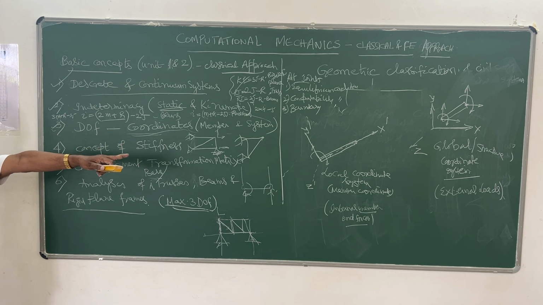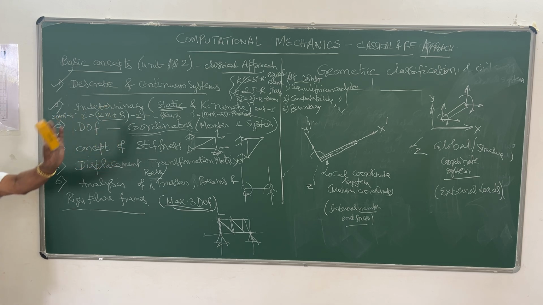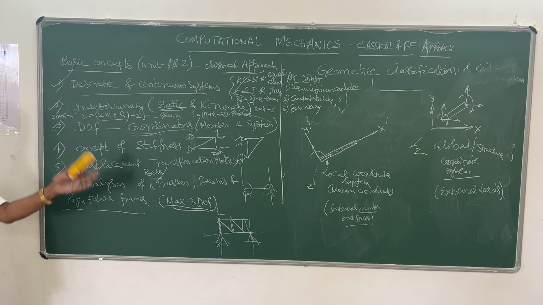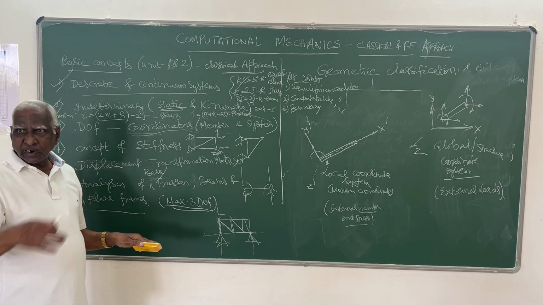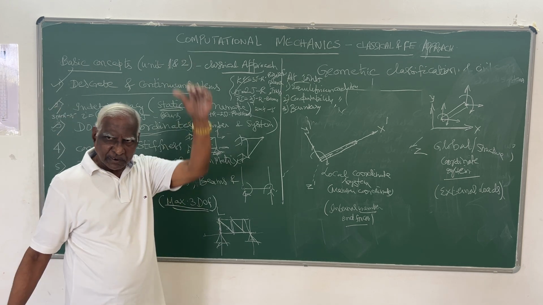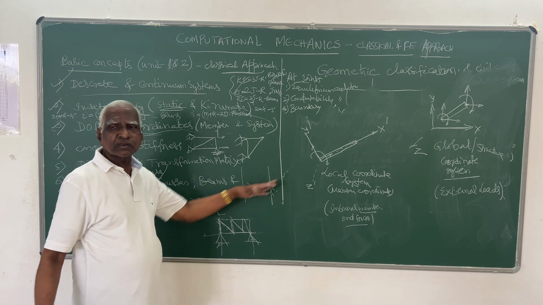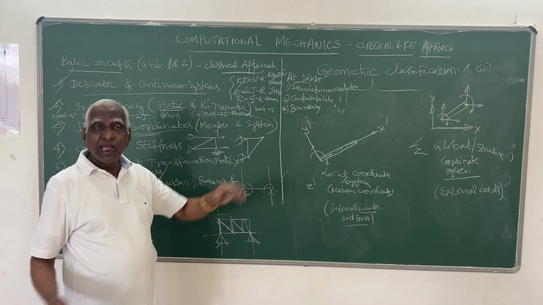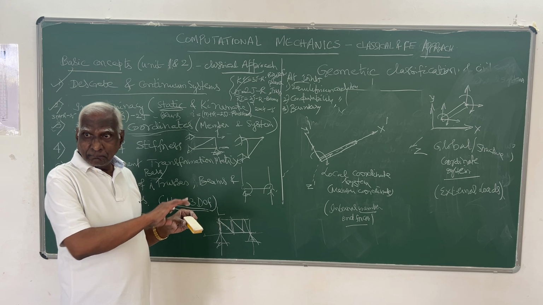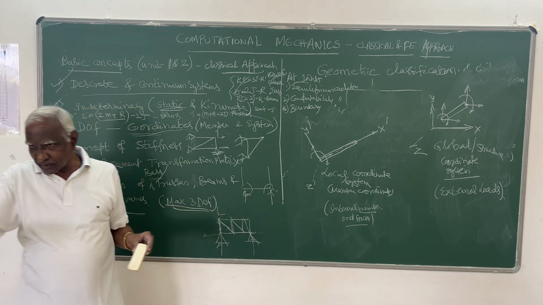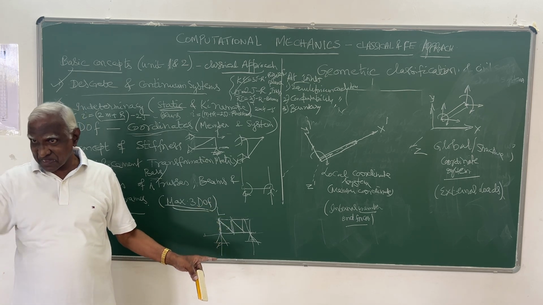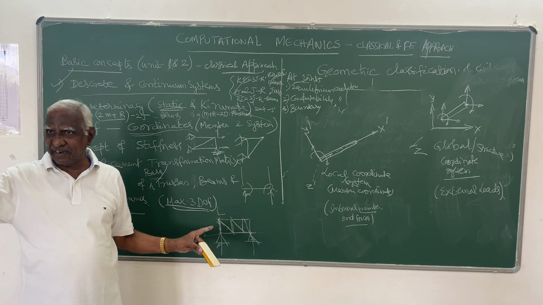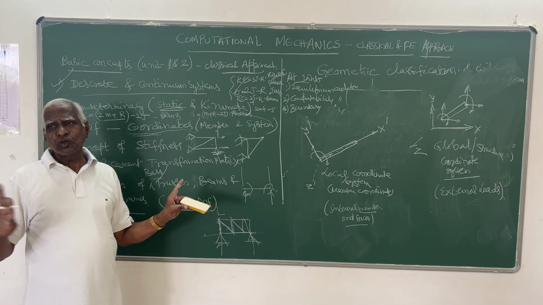And degrees of freedom also we have to define. In the general way, they have to be defined with respect to local and global. Then we have to interrelate them, because during our analysis, loads will be in the global direction, while internal forces we have to determine in the local direction. As long as the members are perfectly horizontal or perfectly vertical, orthogonal, truly 90 degrees members, no problem.